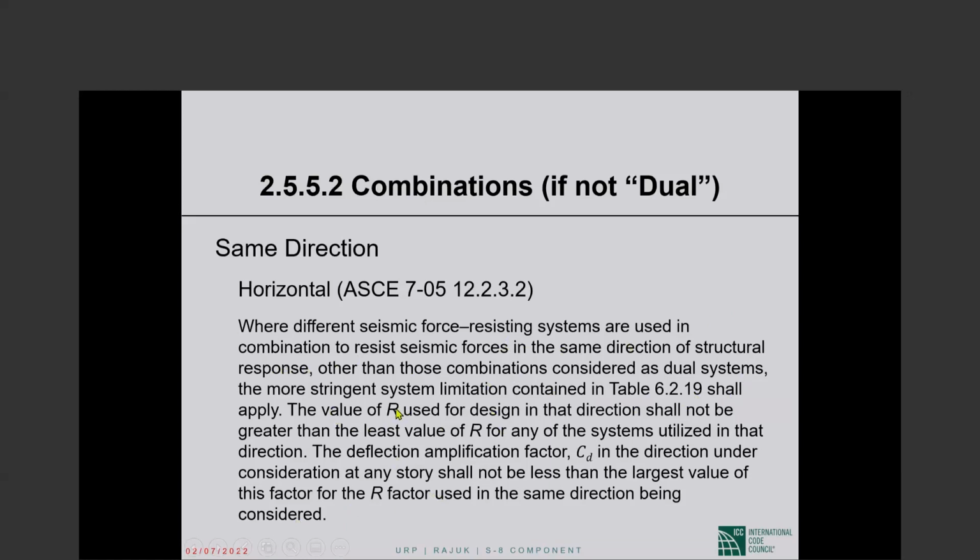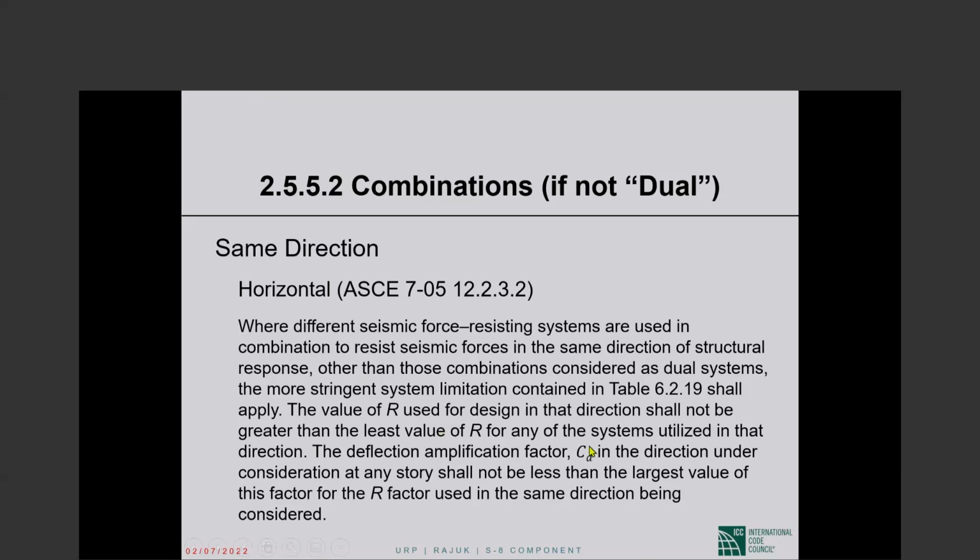The value of R used for design in that direction shall not be greater than the least value of R of any of the systems utilized in that direction. Okay, so you string together 3 or 4 different structural systems. The R value will be the least R value for any of those 3 or 4 systems.